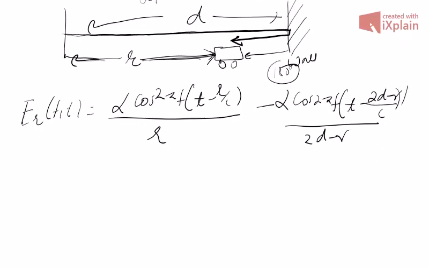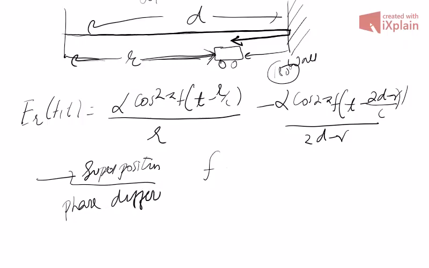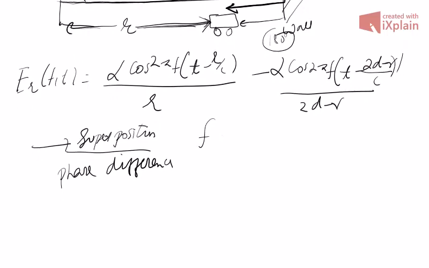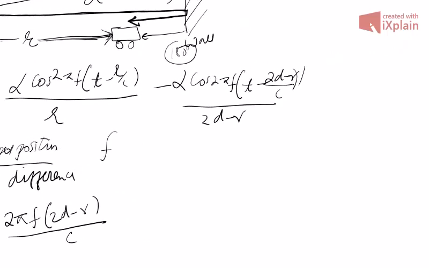Now the receiver receives something called superposition of two waves, both at frequency f. What is the phase difference between the two? So what is the phase of the second part? It is 2 pi f (2d minus r) by c. Now while computing the phase difference, I will write plus pi inside.